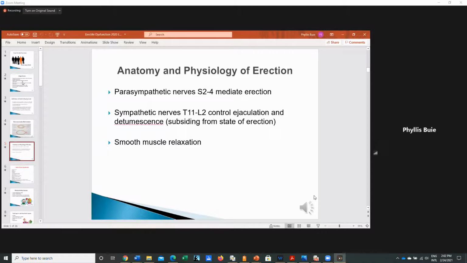And then T11 through L2 help control ejaculation and the subsiding of the erection. There again, that's just a little bit of anatomy and physiology about an erection. It's not something that I'm going to ask you about on your test, because I don't think you need to know this to take care of your patients unless they have a spinal cord injury. And then you have a whole host of other issues to be concerned about.